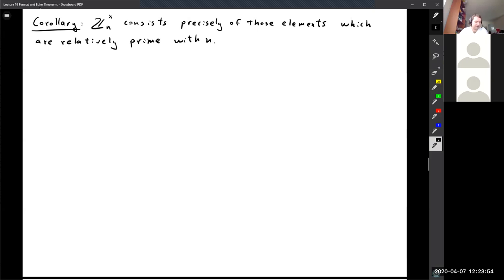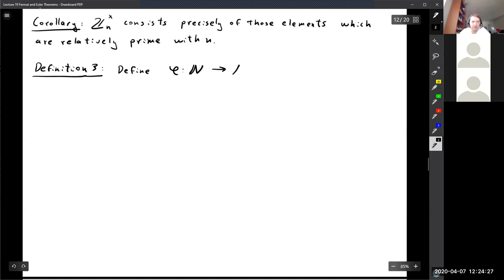Okay, and actually the number of elements in this Zn cross has a name. It's the so-called Euler phi function. So that will be our definition, probably definition 3. Define a function from natural numbers to natural numbers as follows.